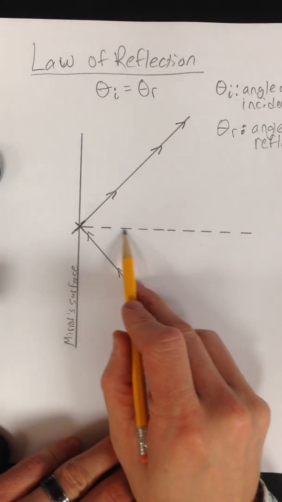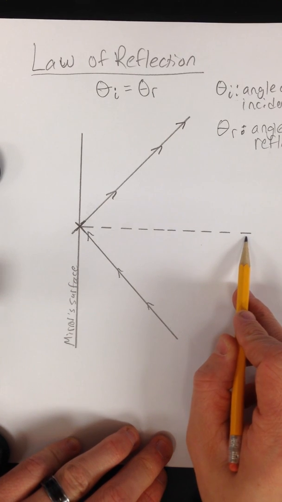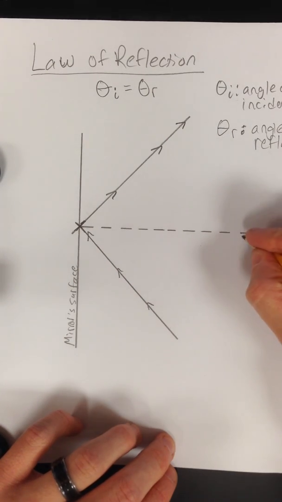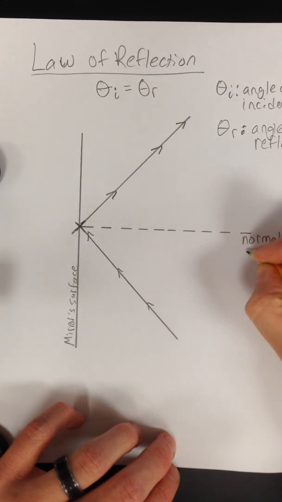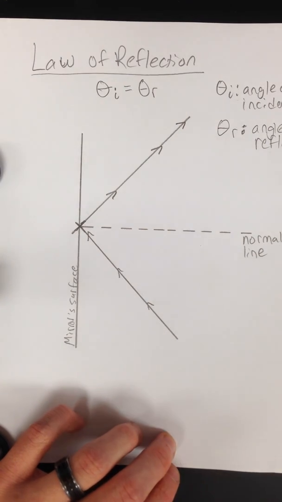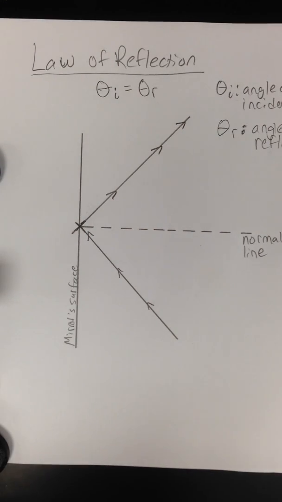And perpendicular, or 90 degrees to the mirror's surface, we draw what's called a normal line. A normal line just means it's perpendicular. The word normal is just another word for perpendicular. And it's perpendicular, or 90 degrees to the mirror's surface.